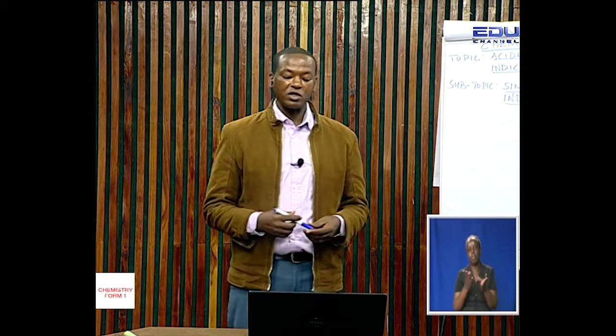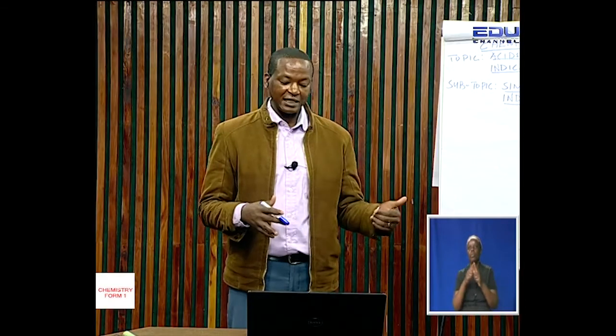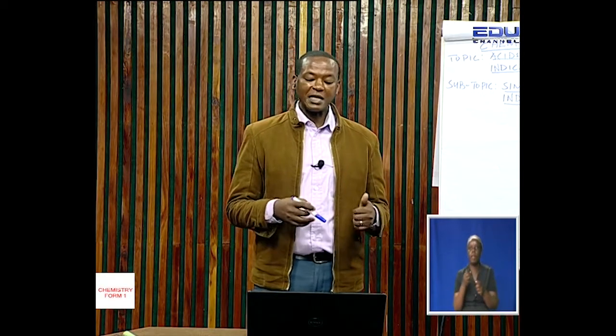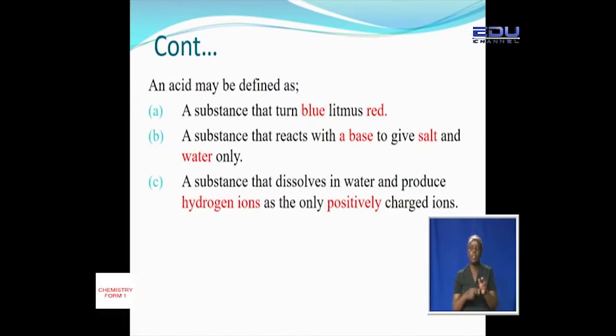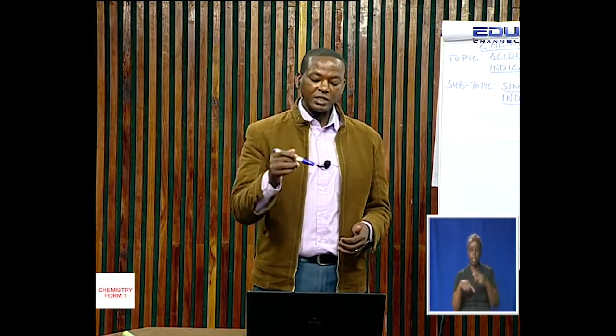If we want to define an acid, we have three definitions. The first definition of an acid is a substance that turns blue litmus paper to red. I mean, if blue litmus paper changes to red, that is an acid. Second, an acid is a substance that reacts with a base to give salt and water only.